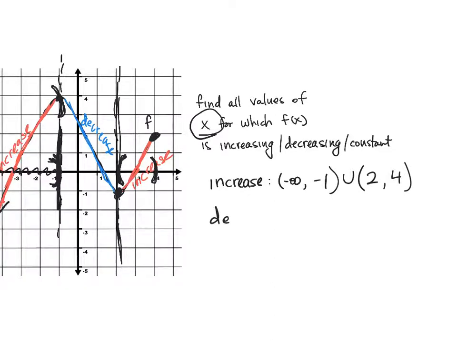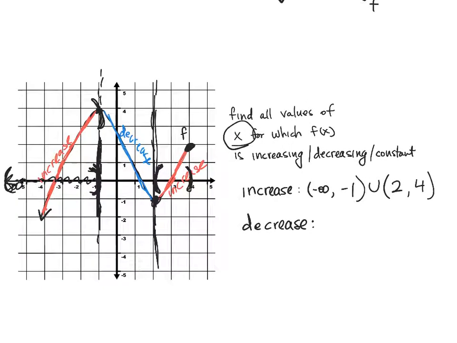Now the intervals where the function is decreasing, the x values for which the function is decreasing, is right here on this portion of the graph, but we never state from a point on the graph to a point on the graph. It's always just x values. So these x values here and here would be between -1 and +2.